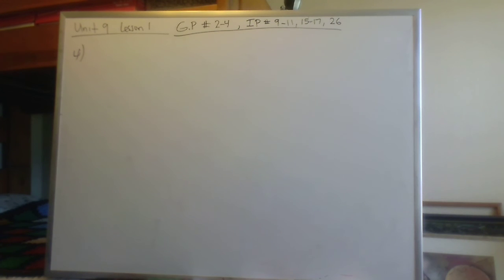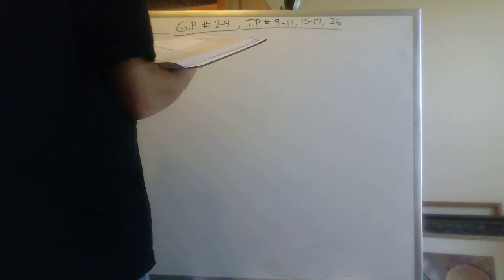So problem 4 is another type of parallelogram that we have to look to solve. So we have this parallelogram FGHD.